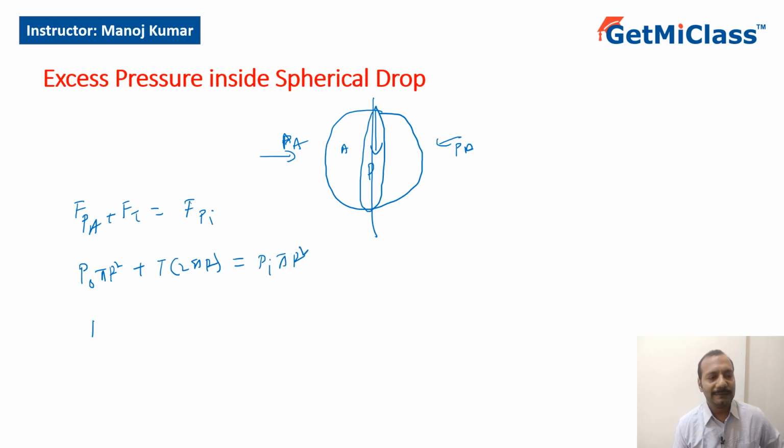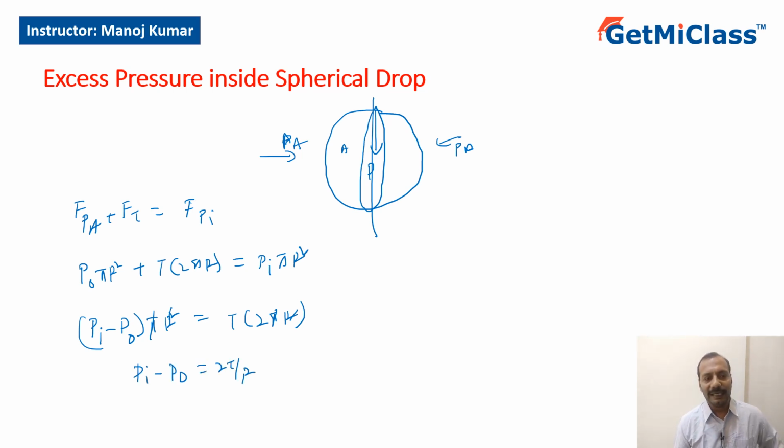So what is excess pressure? I can say Pi minus P naught, taking out pi r square, is equal to T into 2 pi r. So I'll get rid of pi, I'll get rid of one r. So what am I getting? Pi minus P naught equal to 2T by r. This is excess pressure inside a spherical drop. Due to this excess pressure, the spherical surface is maintained, and that's why it's balanced.